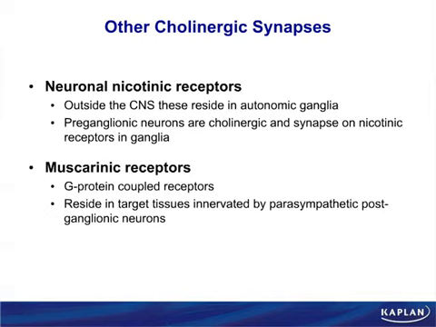So preganglionic, for both sympathetic and parasympathetic, they're cholinergic neurons. The receptor in the ganglion is nicotinic neuronal. Postganglionic parasympathetic have acetylcholine, and this acetylcholine binds to muscarinic receptors, which are G-protein coupled receptors. Most of the postganglionic for the sympathetic are norepinephrine.